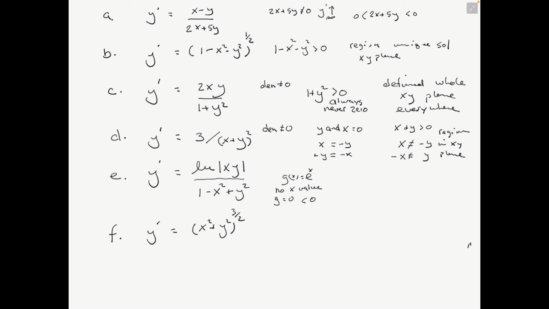So it's undefined. The ln of 0 is undefined.